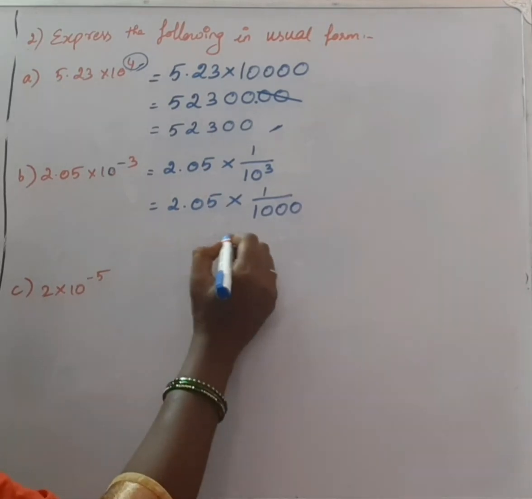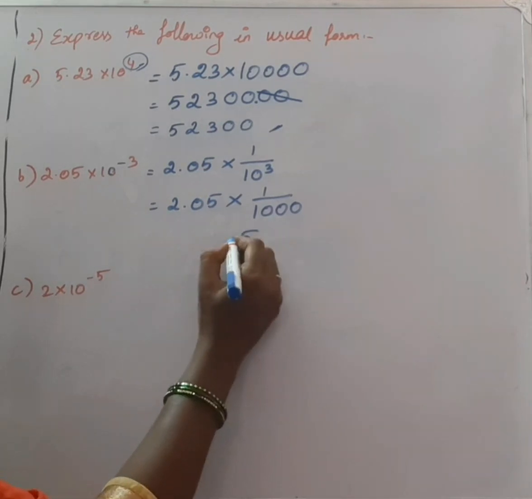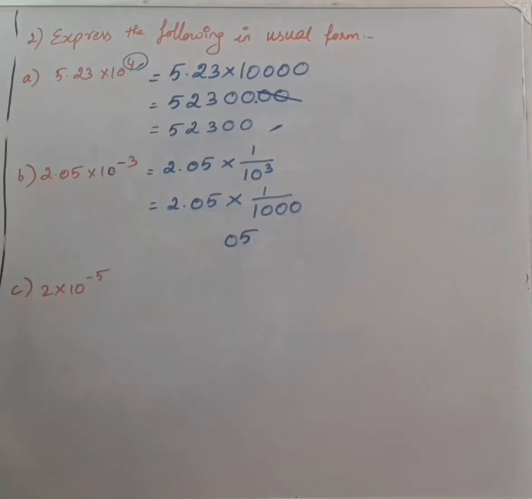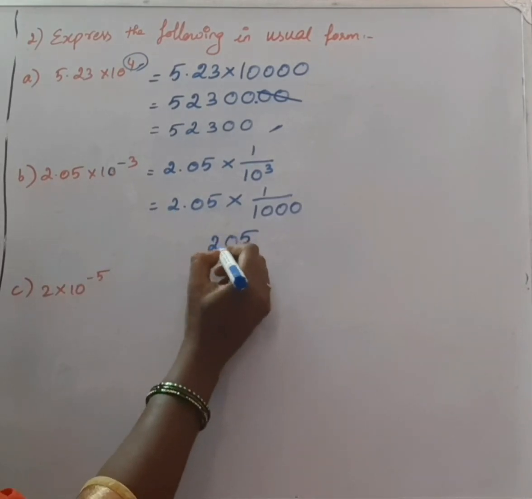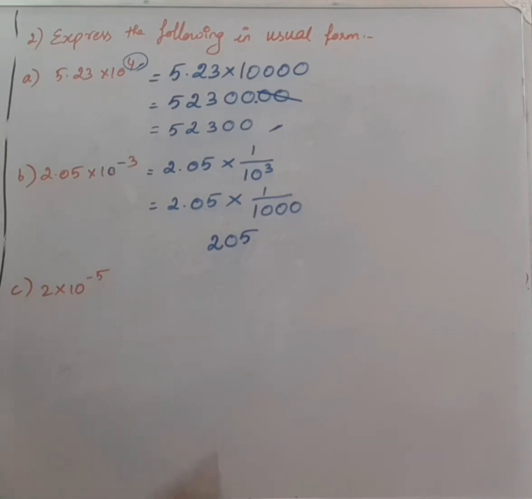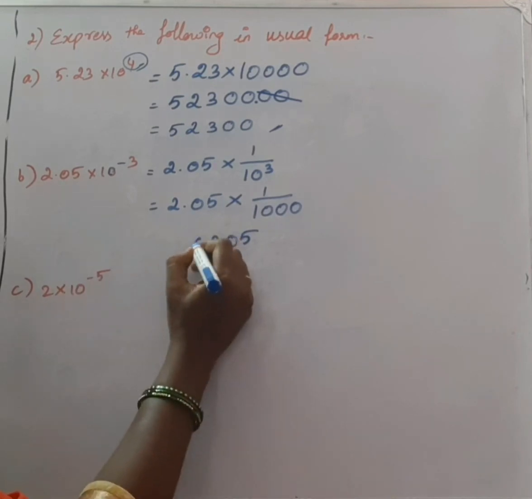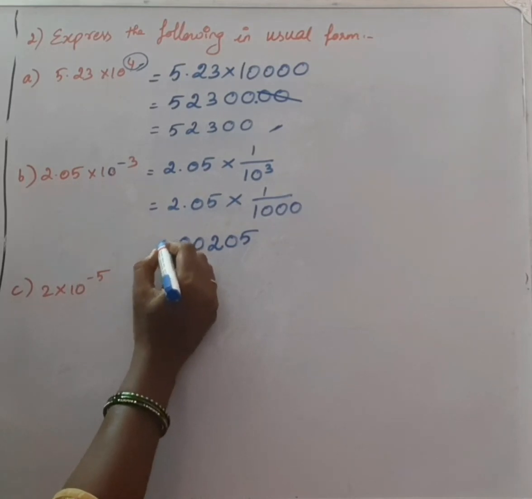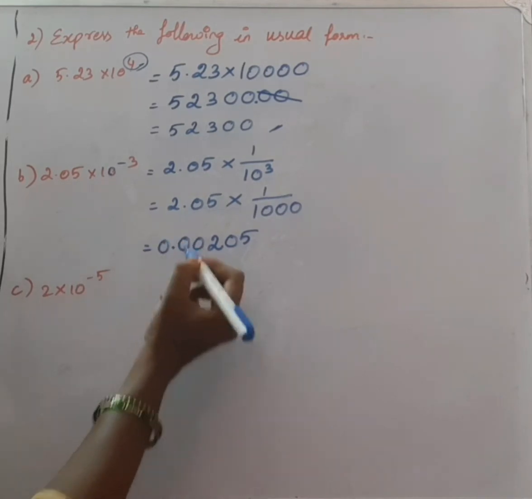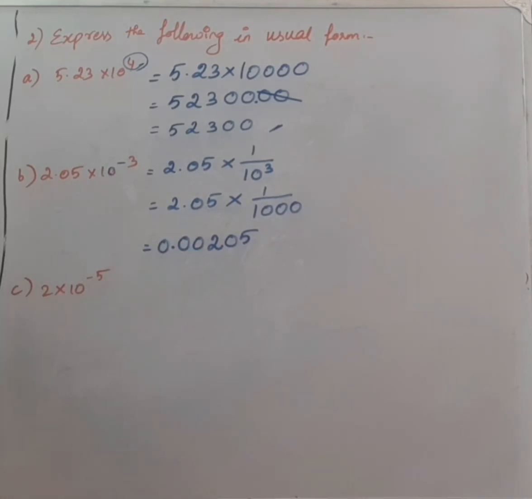So already we have 5, 0 in the decimal itself, and in the integral part we have only one number. So 1 we have taken here. What about the remaining 2? We take them as 0. So 0.00205 is the answer here.